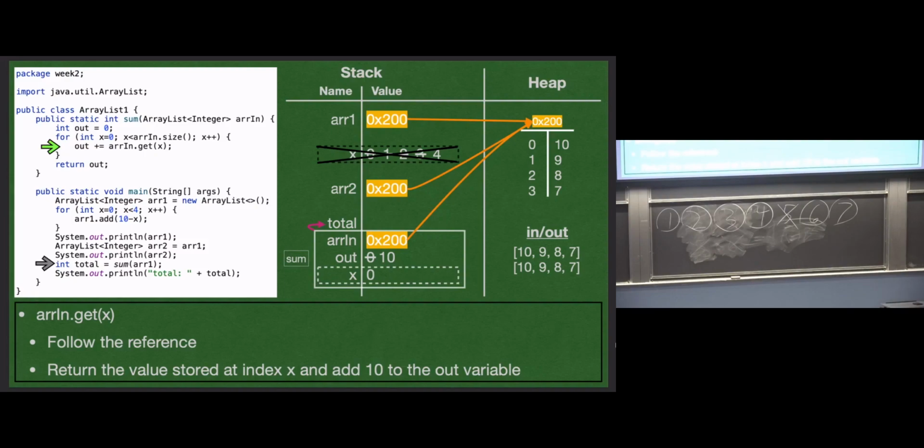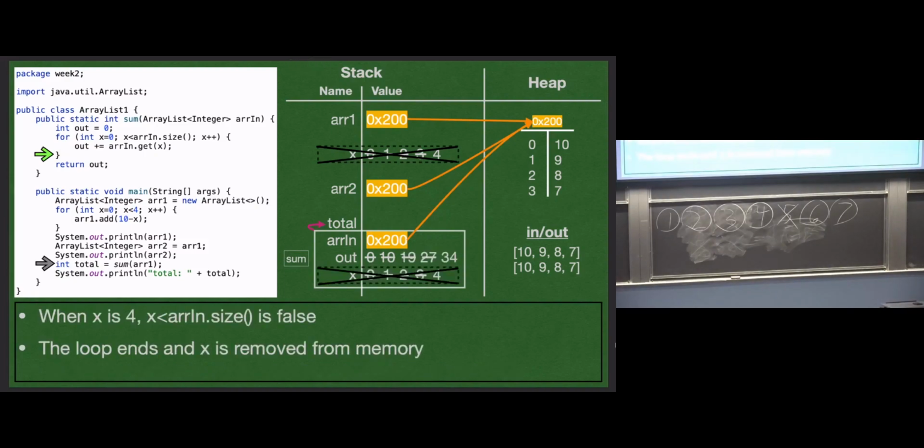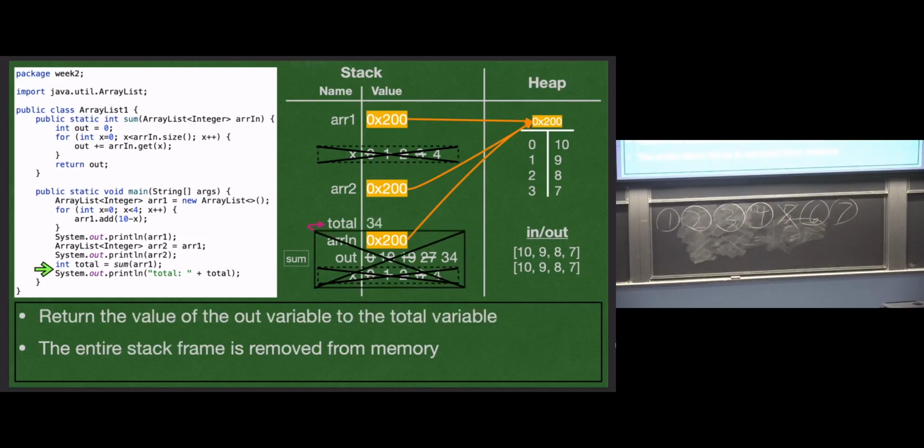Loop through these, sum up the values. When the loop ends, X is no longer in memory at all. We're going to update the values stored in out to sum up all these values. I don't think I have to go into too much detail on all those. That's all review, even from stuff we already covered in 116 in the few lectures we had. But if there are questions, I guess I'll take them in office hours at this point. Returns and then prints.